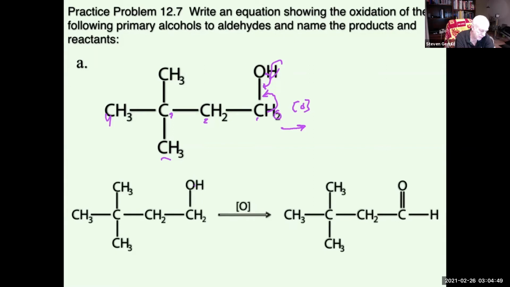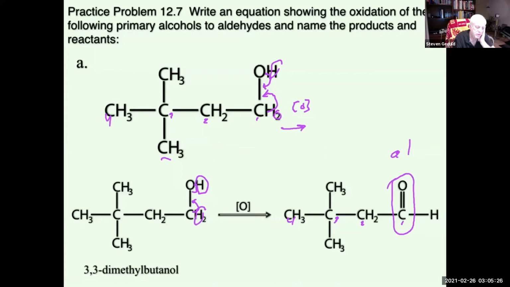You're going to lose this hydrogen and one of these hydrogens, and they're going to form the double bond right here. And you're going to end up with an aldehyde. And for the name of the aldehyde, again, you give the lowest number to the carbon atom of the functional group. So it's still going to be 3,3-dimethylbutanal. So instead of the OL ending, we're going to have an AL ending. AL stands for aldehyde. OL stands for alcohol. That's the difference.